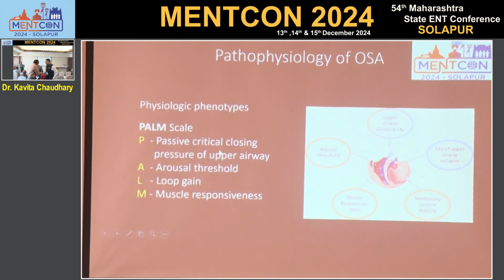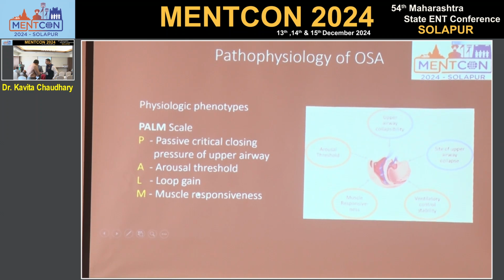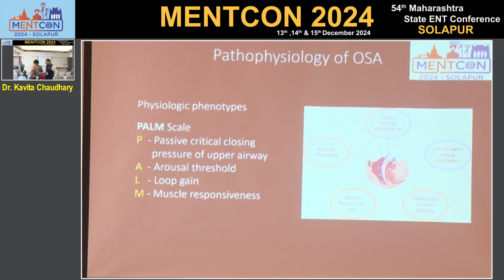Secondly, we want to increase the arousal threshold. We want to reduce the loop gain so that we get good sensitivity to the chemoreceptors, that is PaCO2. And we want the muscles to be responsive and effective throughout the night, throughout the sleep time. So this is what we are focusing on.